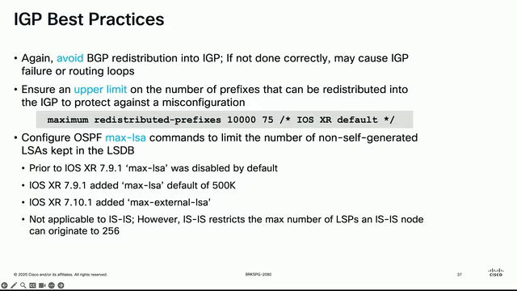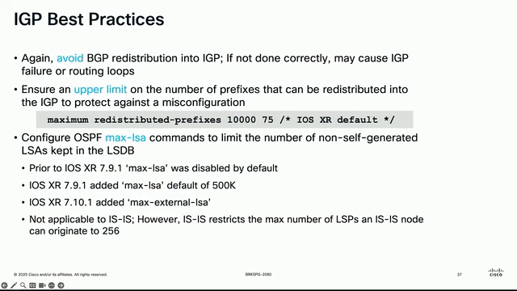Let's take a look at IGP best practices now. We mentioned that you should not redistribute BGP into IGP. It can cause issues. But what if someone accidentally does that? Human error can happen. The max redistribution prefix limit CLI would give you protection against such accidental configuration.